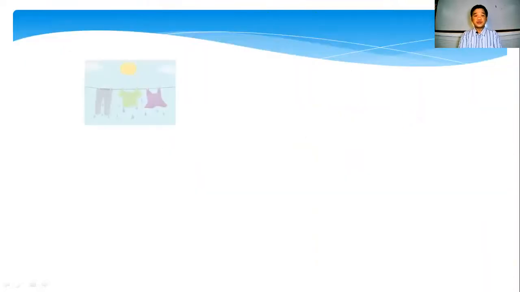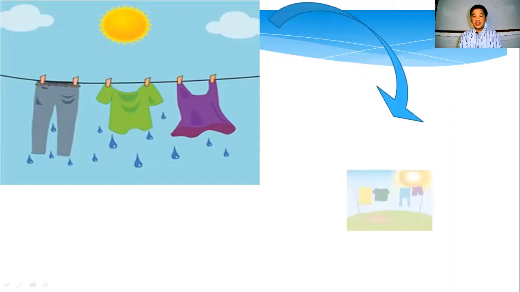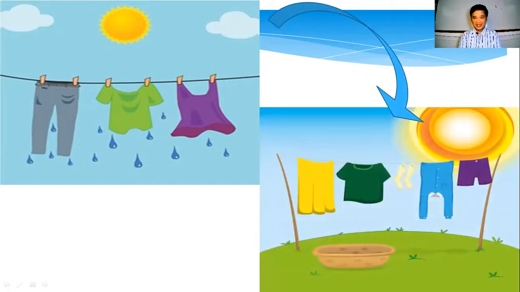Another one is that you wash your clothes and hang them on the clothesline under the sun. After a couple of hours or more, you predict that your clothes are already dry. So that is already a prediction.